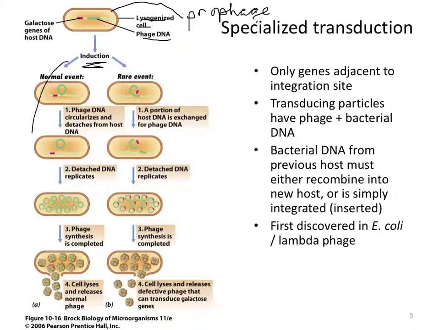Normally, that would happen as shown here on the left, which I'm not going to go through. But once in a while, what can happen is when the phage or viral DNA excises, it can take a portion of the host DNA with it, and that's shown here in red. Okay, so that red DNA is host cell DNA, it's bacterial DNA.